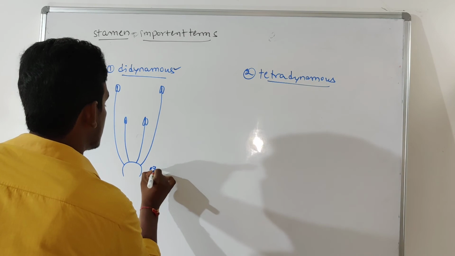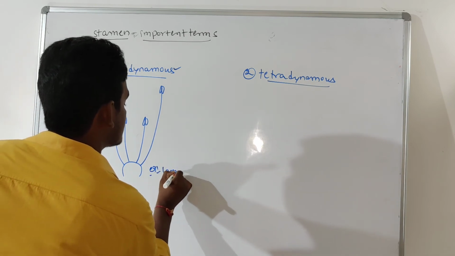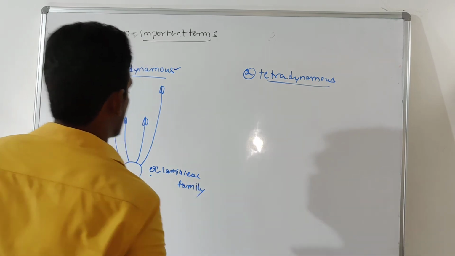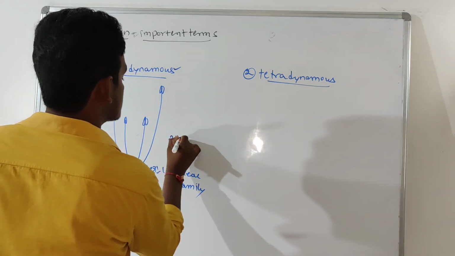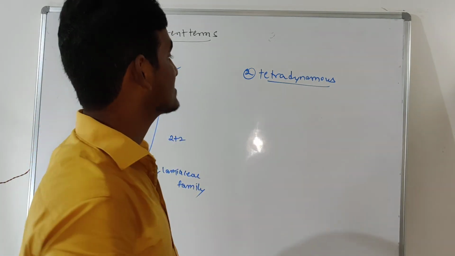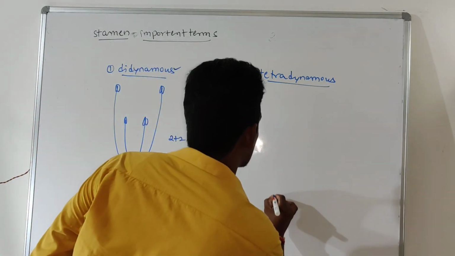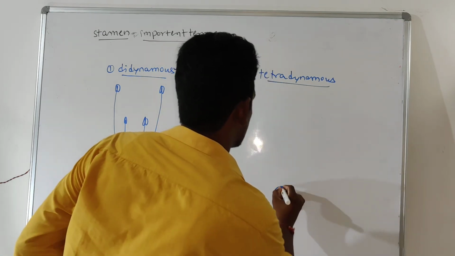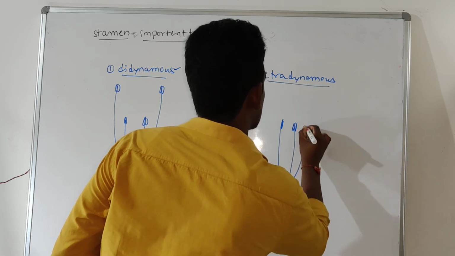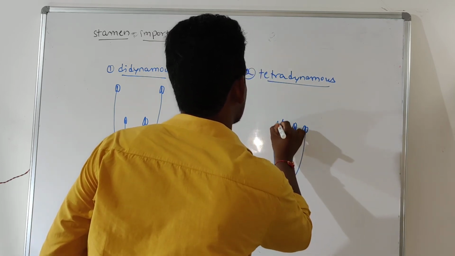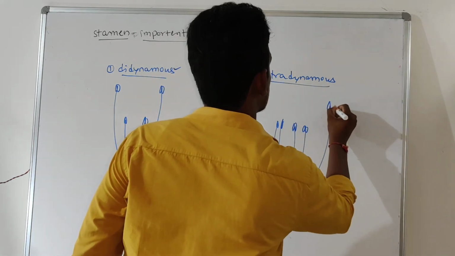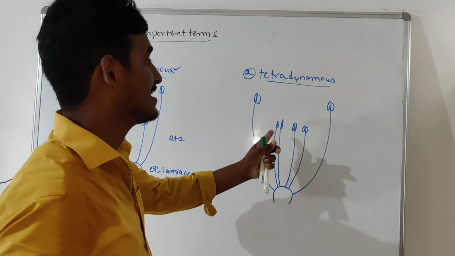It is found in the Lamiaceae family, right? So 2 short stamens and 2 long stamens. If you see the tetradynamous condition, here a total of 6 stamens are present. 4 short stamens are present inside, and 2 long stamens are present outside, right?